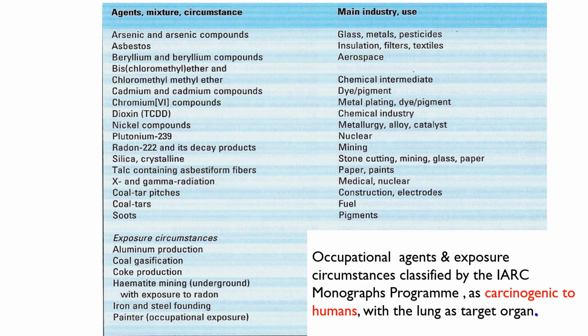This is a list of occupational agents and exposure circumstances that are classified as carcinogenic to humans with the lung as target organ. This list was compiled by the International Agency for Research on Cancer. As you can see, it contains a lot of agents and mixtures of circumstance, and it also lists the main industry and use.